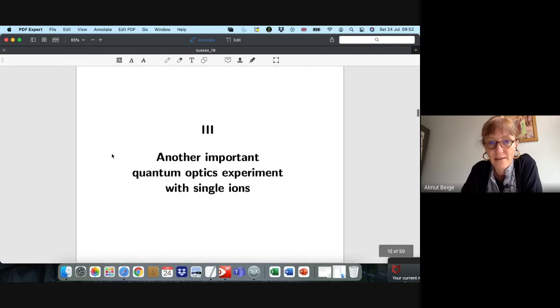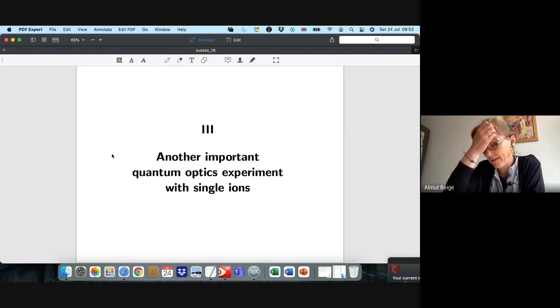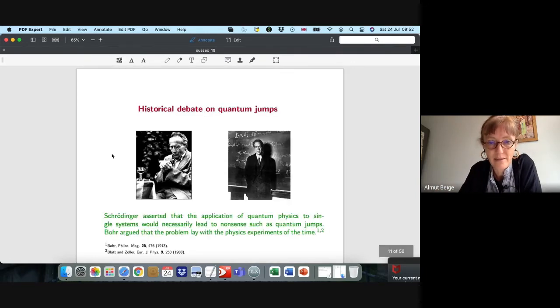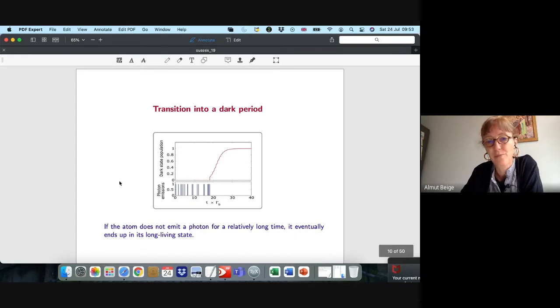So a lot of people in the 1980s and 1990s found those experiments very puzzling, but they really put the foundations on how we model the interactions between single atoms, lasers, and how we describe photon emissions.